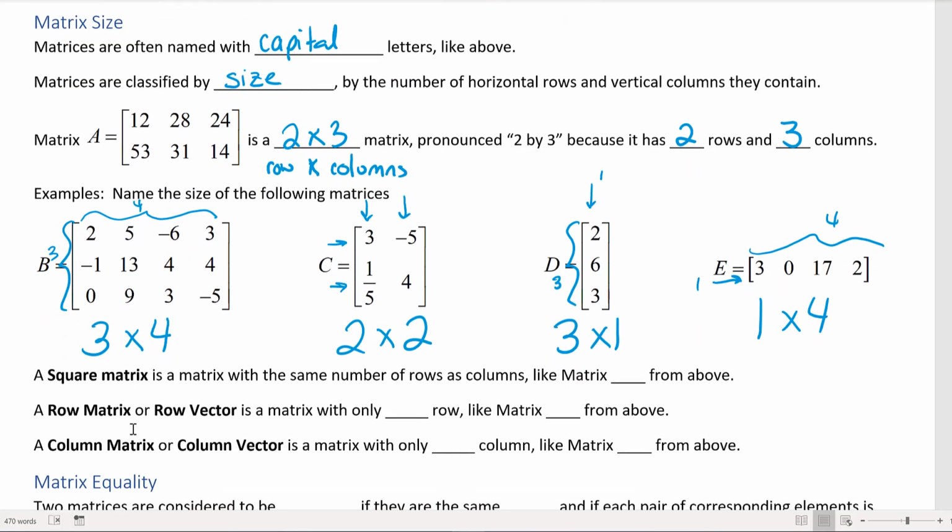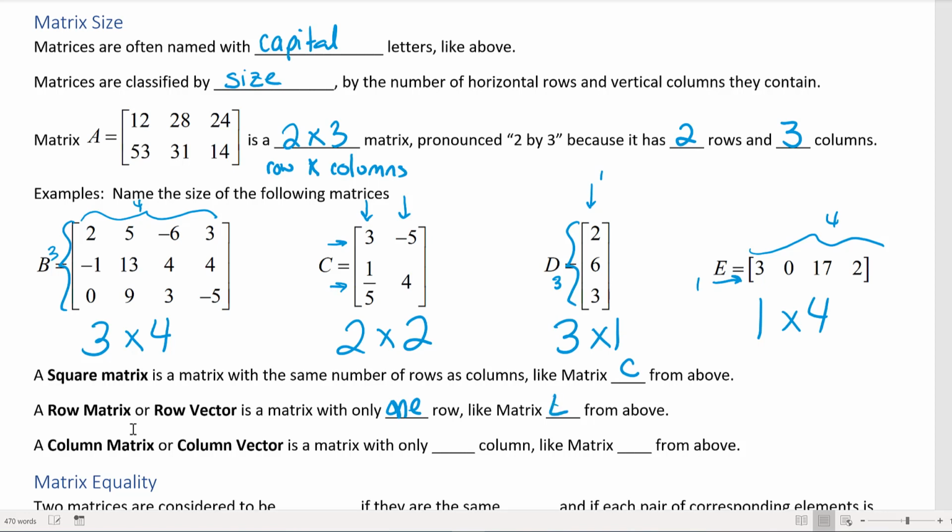Now a square matrix is a matrix with the same number of rows as columns, like matrix C above. The 2 by 2 had the same number of rows and the same number of columns, so we can call that a square matrix. A row matrix, or row vector, is a matrix with only 1 row. Which one of these above has 1 row?